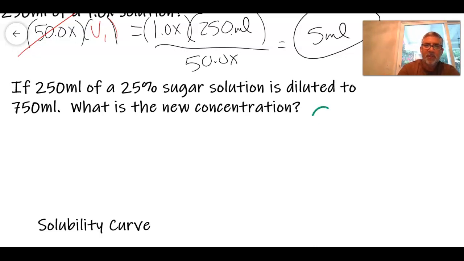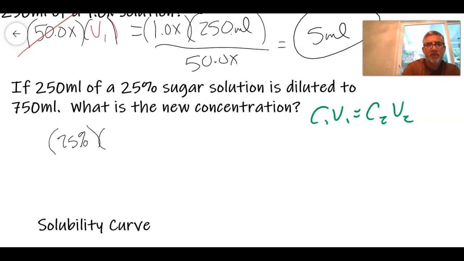So again, I'll use my C1, V1. Right. So my C1, I have 25%. That's my concentration. V1 is 250 milliliters. C2, I don't know.